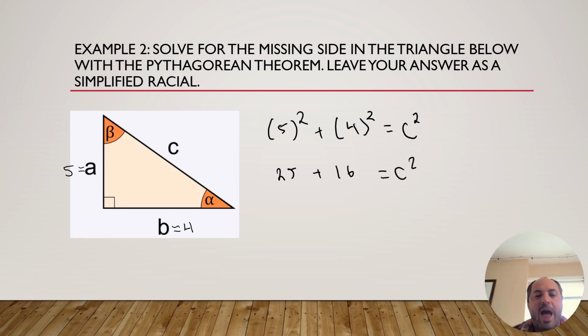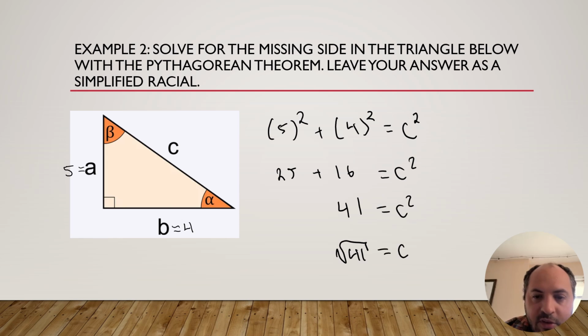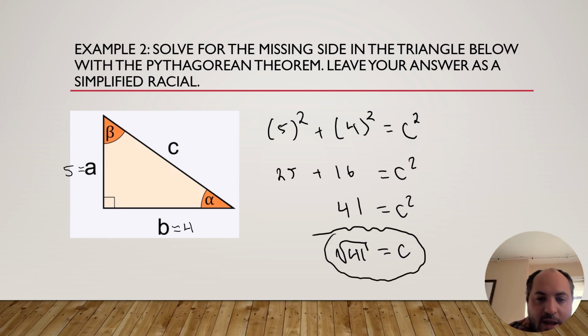If I add my 25 and my 16, I get 41 is equal to c squared. And in this case, the square root of 41 is equal to c. I know 41 is a prime number, nothing goes into it, so this is the final answer. I have solved for this hypotenuse length with the Pythagorean theorem.